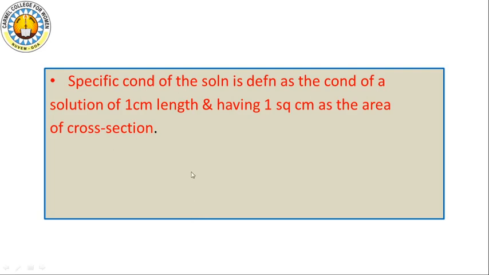So here we have the definition. Specific conductance of the solution is defined as the conductance of a solution of 1 centimeter length and having 1 square centimeter as the area of cross section.